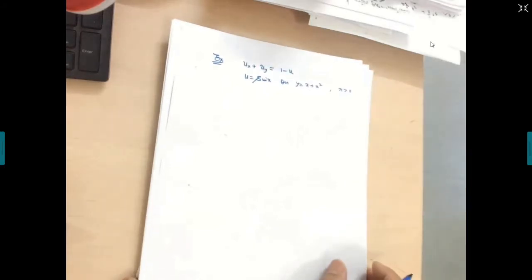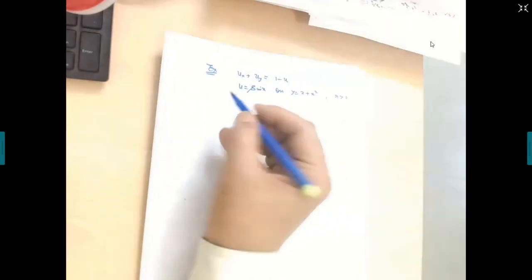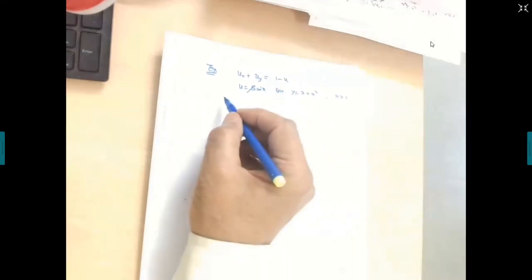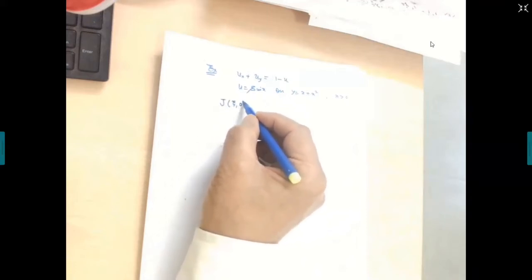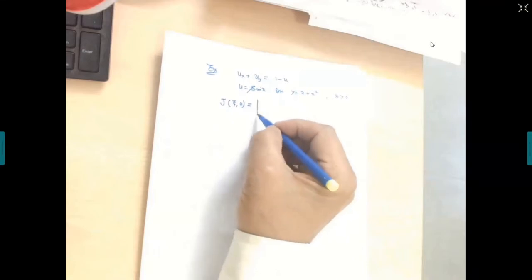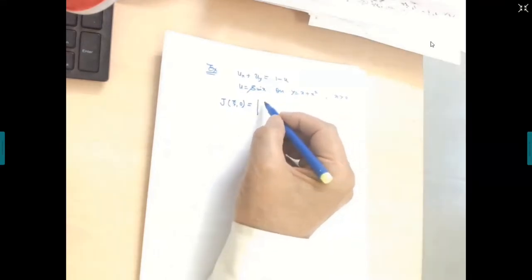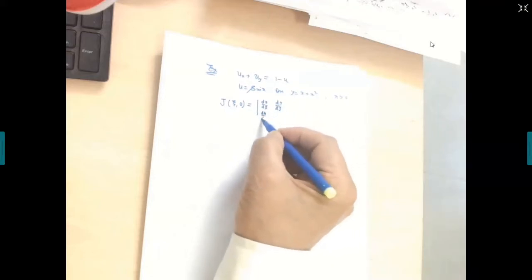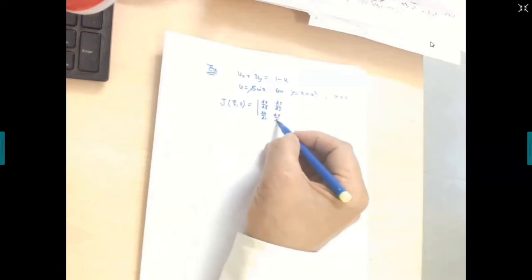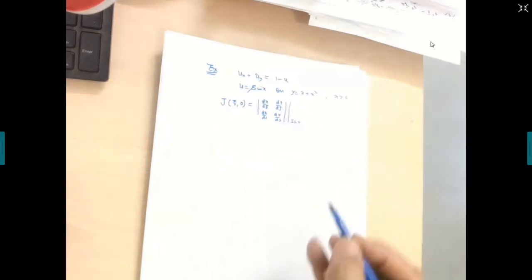All right. What will you do? The starting point should be, I can write the characteristics, but this is important. What is J at xi 0? It is the determinant of dx/dxi, dy/dxi, and dx/ds, dy/ds, evaluated at s equal to 0.